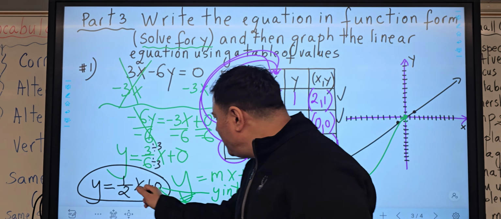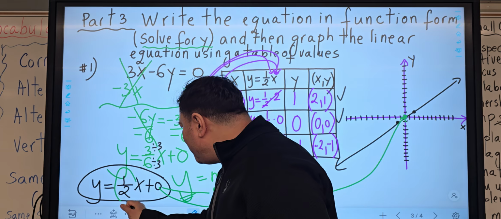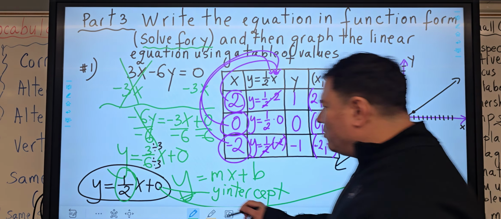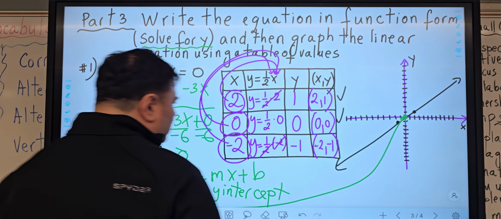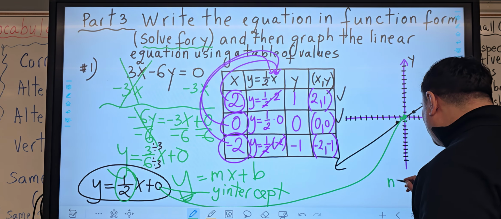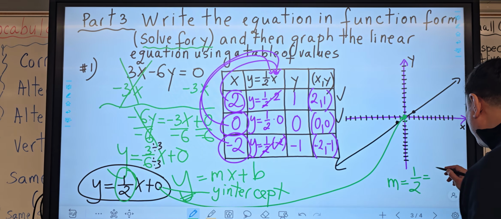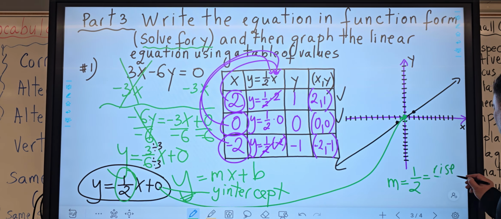And remember, the slope is the number in front of x. It's 1 over 2, right? 1 represents the rise and 2 the run. So the slope equals 1 over 2. This is the rise over the run, okay?